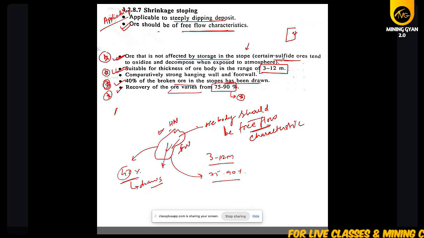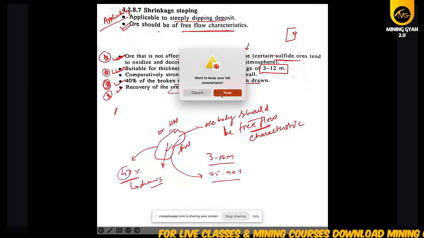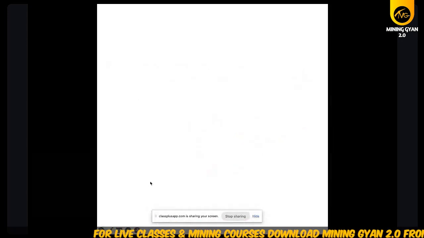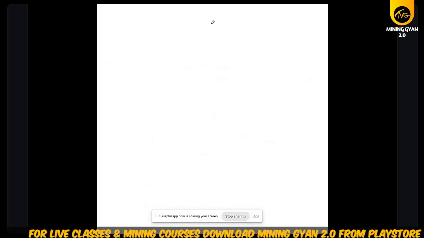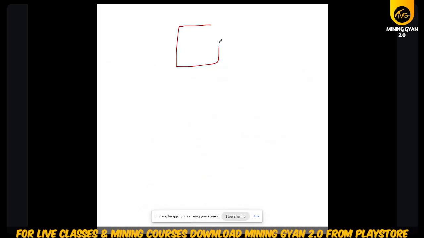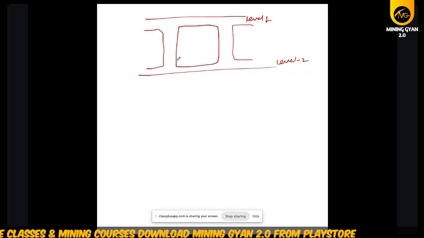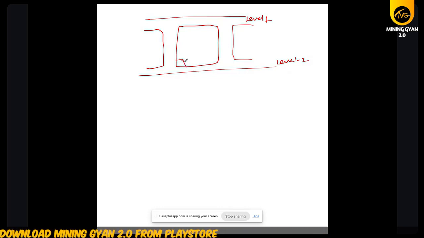So I will discuss what we will do in shrinkage stoping and how we will do it. Suppose this is your stope, this is level 1, this is level 2, this is another stope. First we will do preparatory work and make shield support.